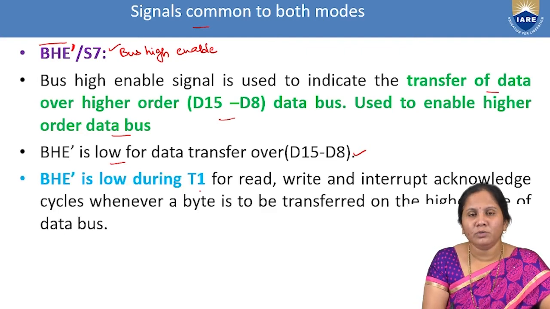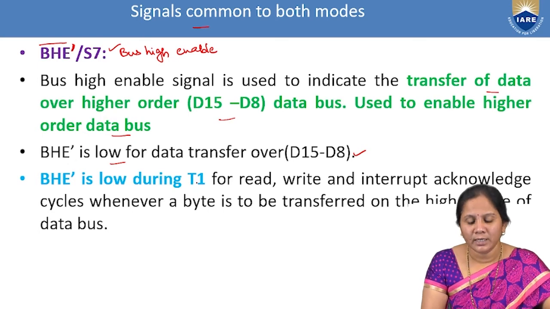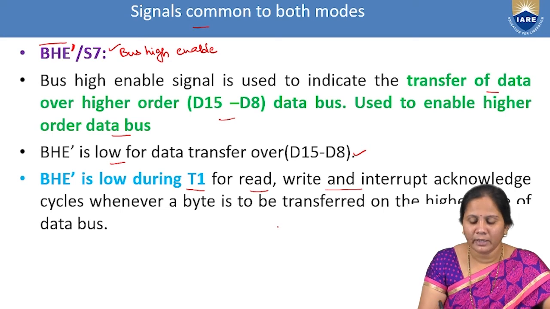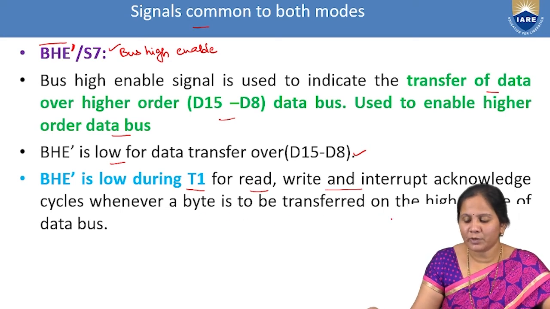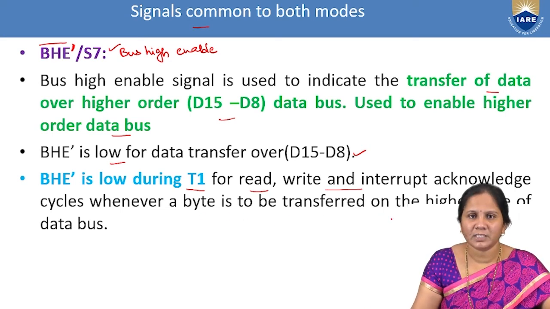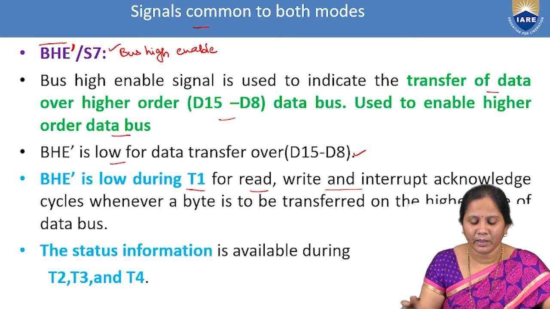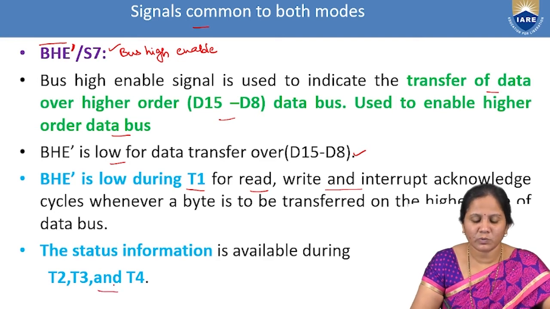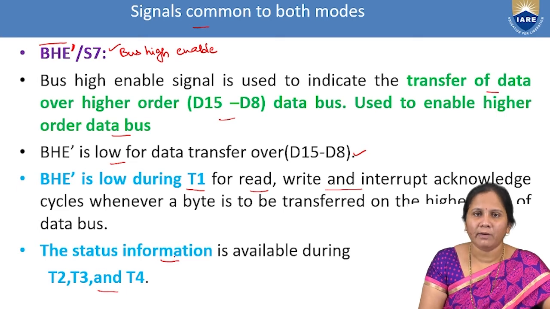During time states, this BHE bar is low during T1, for read operation, write operation and interrupt acknowledgement cycle, whenever a byte is to be transferred on the higher byte of the data bus. This is only during T1. During the remaining time states, that is T2, T3 and T4, the status information will be available.